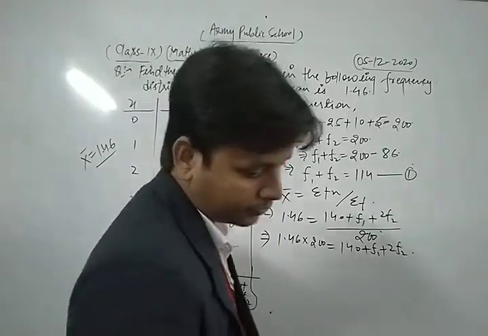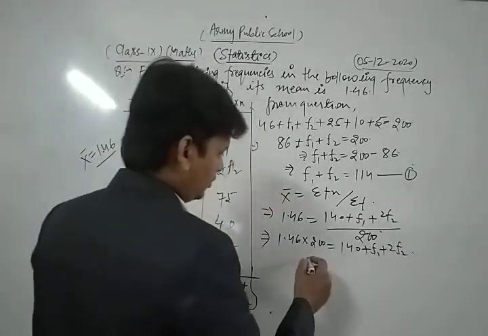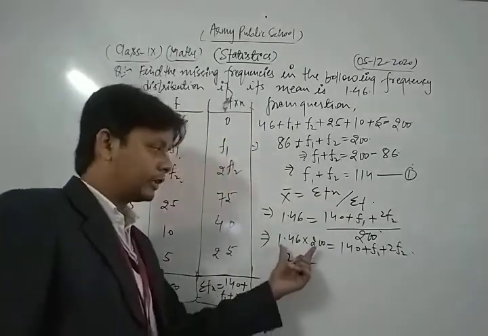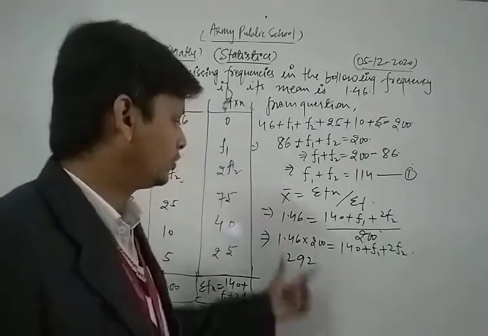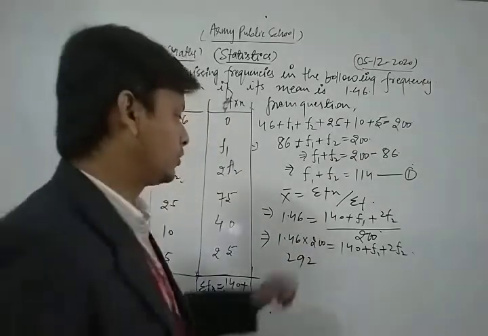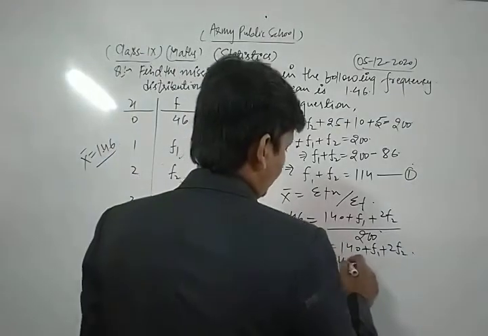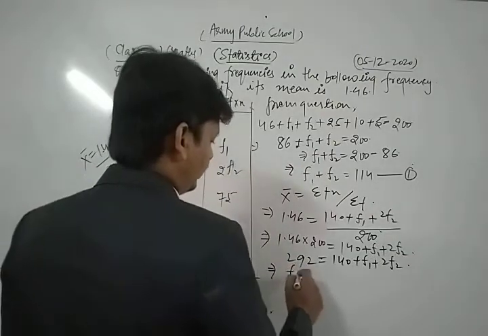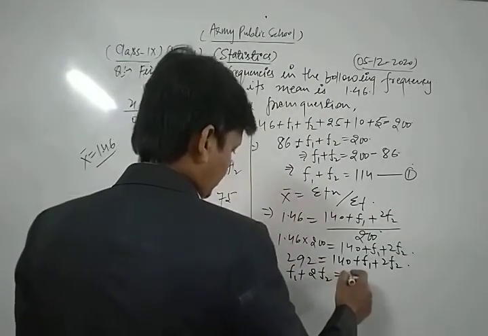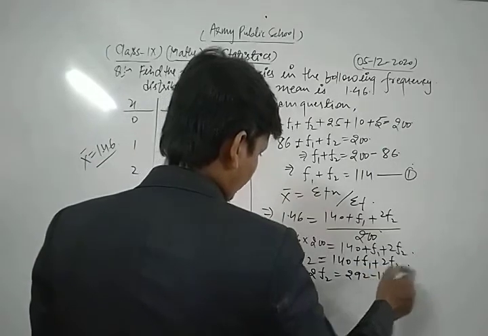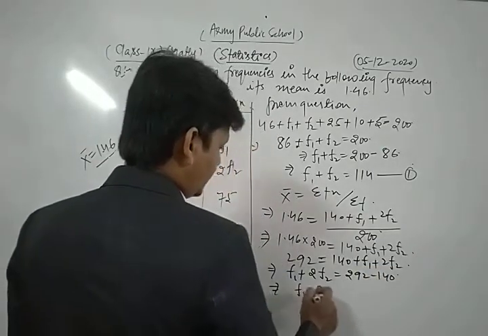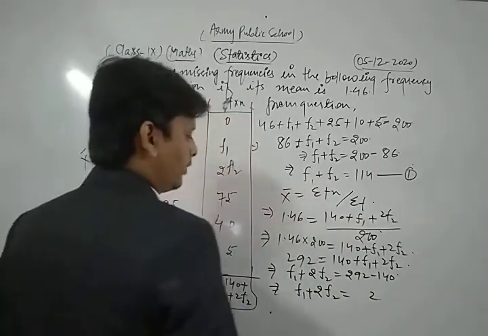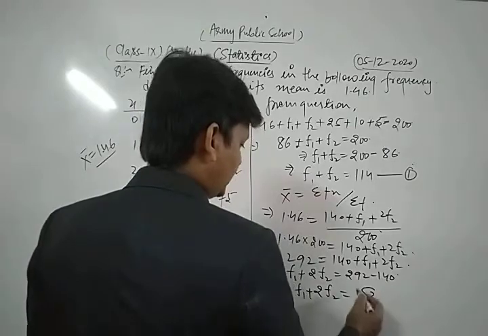That is, f1 plus 2 f2 is equal to 292 minus 140. So we get f1 plus 2 f2 is equal to 152.